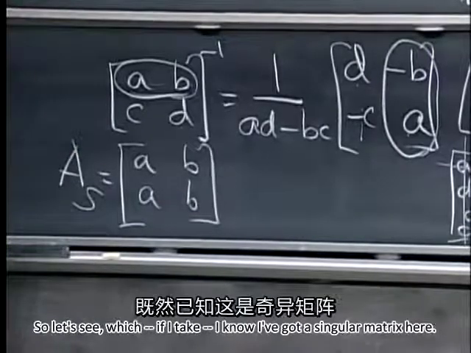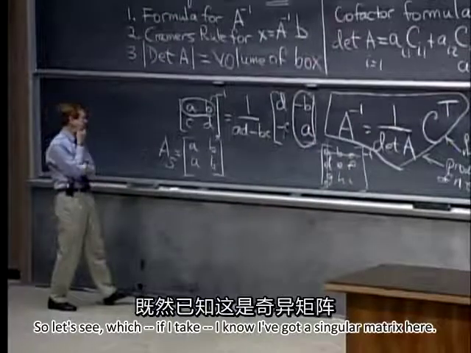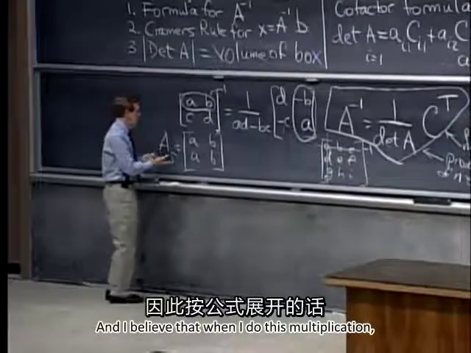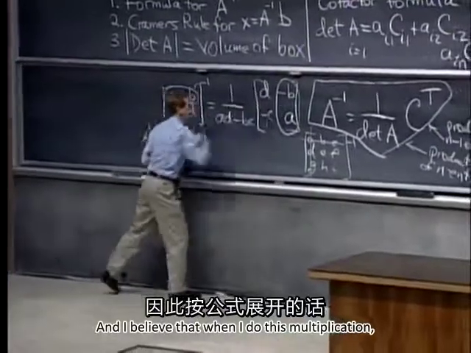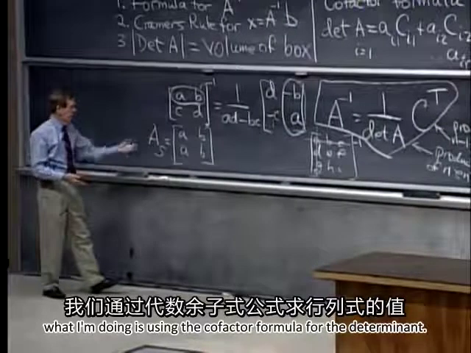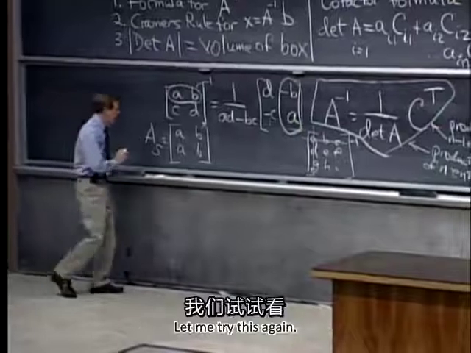I know I've got a singular matrix here, and I believe that when I do this multiplication, I'm using the cofactor formula for the determinant, and I know I'm going to get 0. Let me try this again.